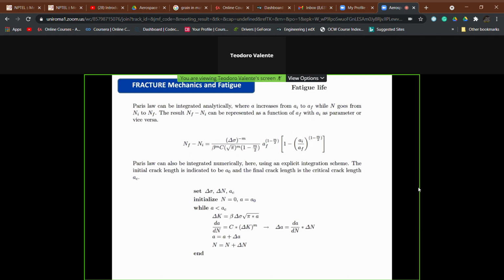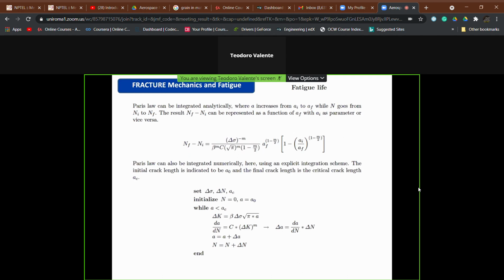At the same time, making the integral on the number of cycles, it starts from N_i, the initial number of cycles which are necessary to have a_i, or from 0 if we make the hypothesis that a_i, working in safety, already exists inside the material, to the number of cycles of failure.